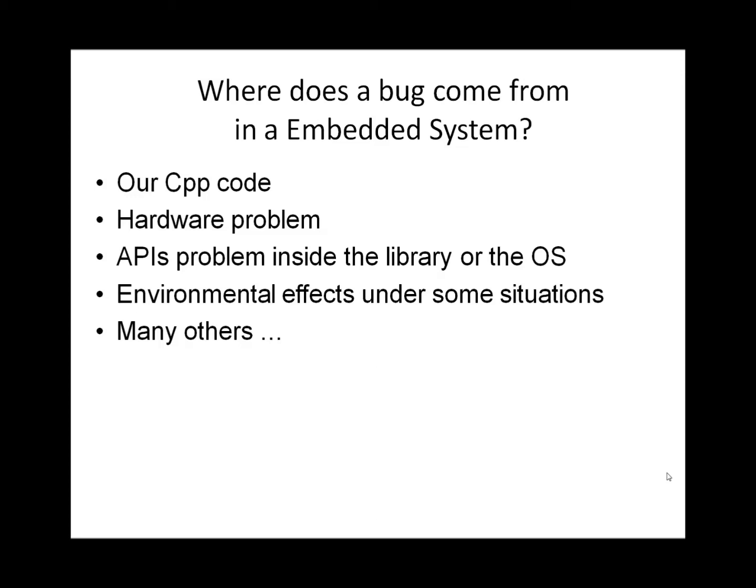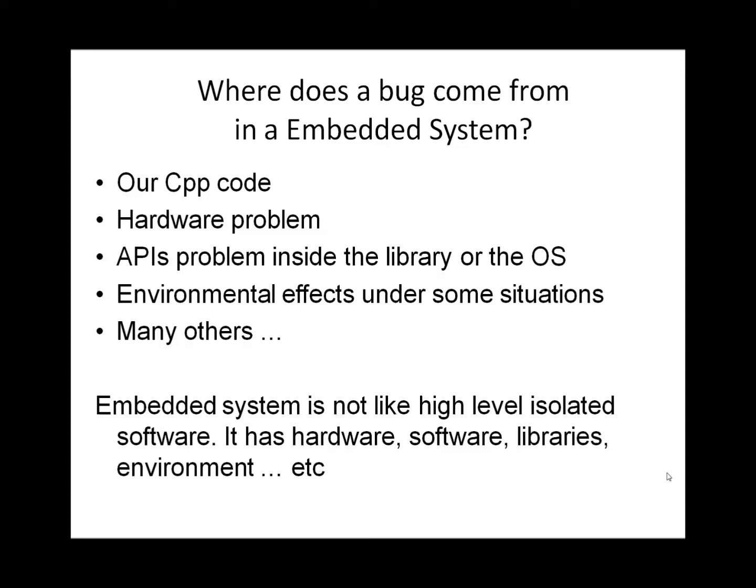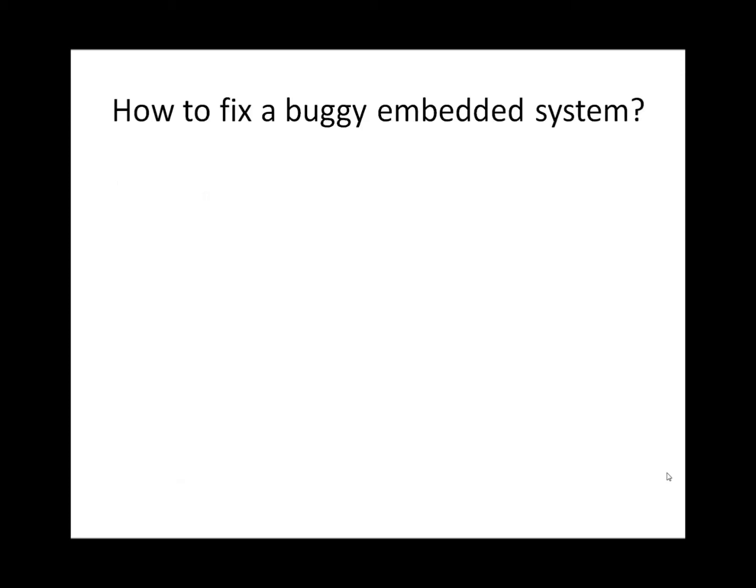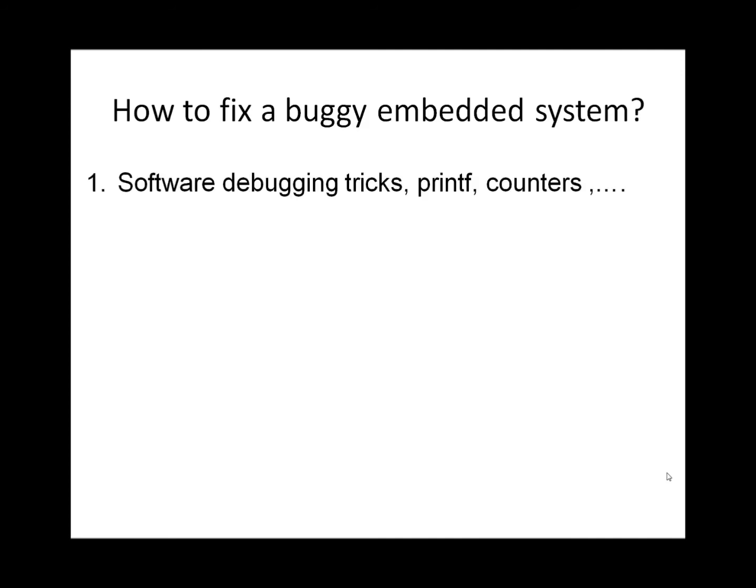It has physical and software, like physical interaction with the digital world, like processors. So many things to debug. It's not like your C++ calculator or something, right? It's much more complex, and you have to expand your way of thinking. There are so many things to consider. So how to fix a buggy embedded system?